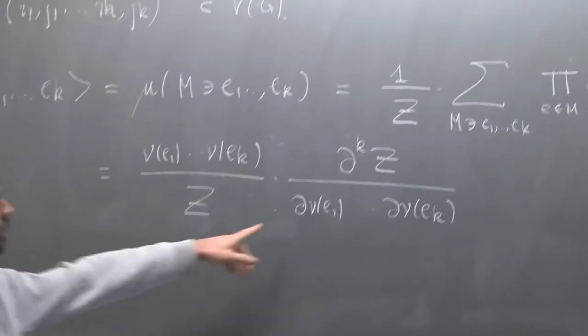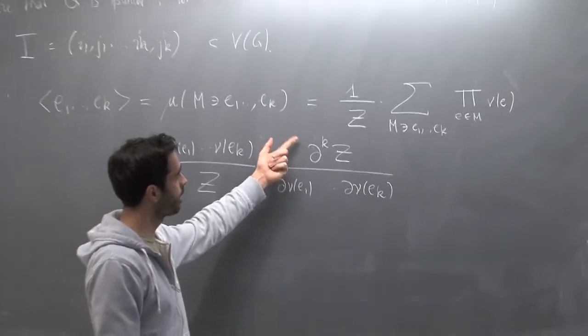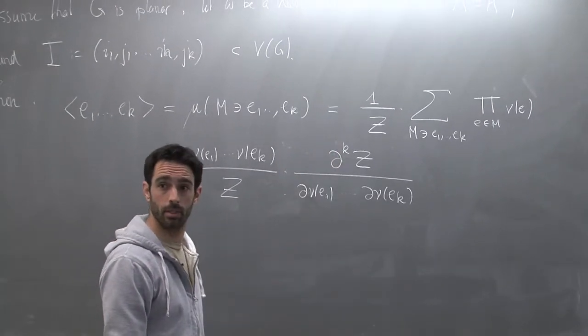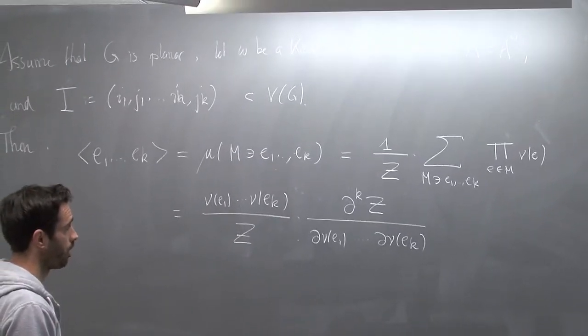You consider these weights as formal variables and take the k-th partial derivative of Z with respect to them. I think that's clear.